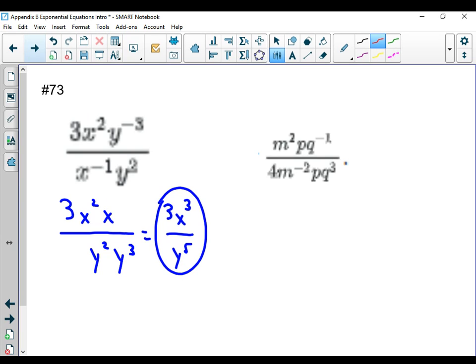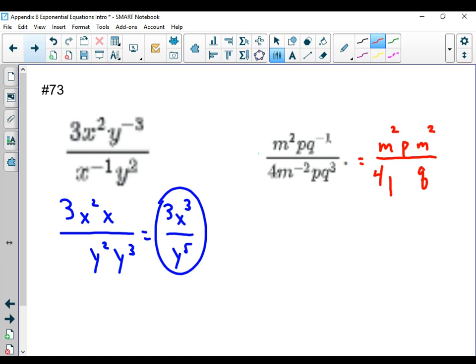For the last one then, same idea, rearrange some things. The m squared is positive, so it stays put. Same thing with p, the q would move down to the bottom. Do I move both of these? Yeah, just the m, because it's just the next one on the m. So now I have m squared.